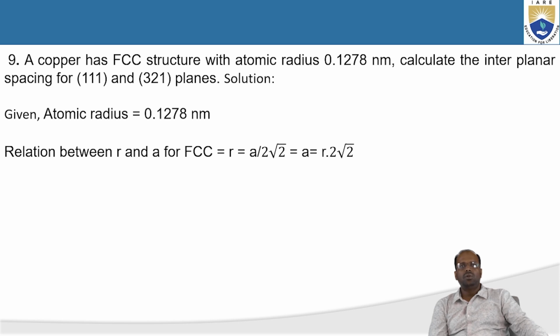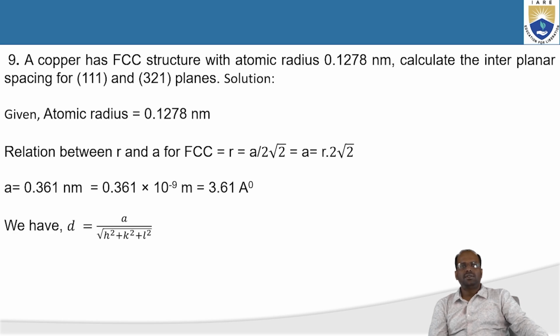So a is equal to 2 root 2 into r, where r is the value 0.1278. So we are getting 2 root 2 into 0.1278 nanometers, which is nothing but 0.361 into 10 to the power of minus 9 meters. So we are getting the result in terms of angstrom as 3.61 angstrom.